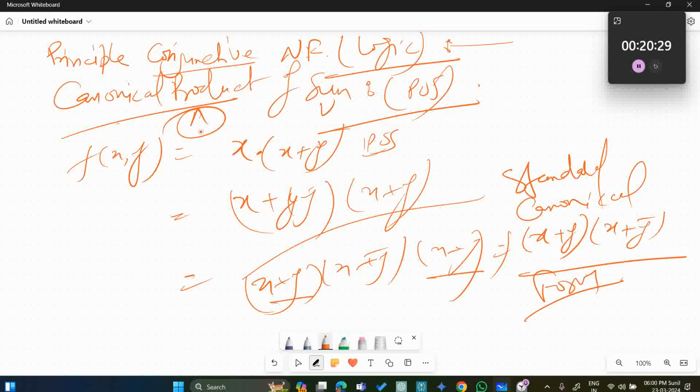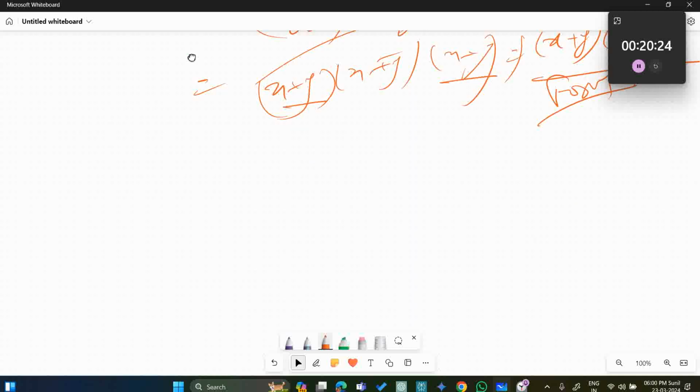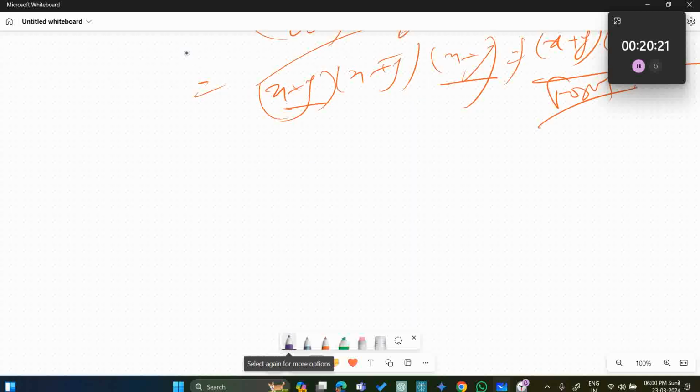Property is in n variables. So some properties are there we have to follow.